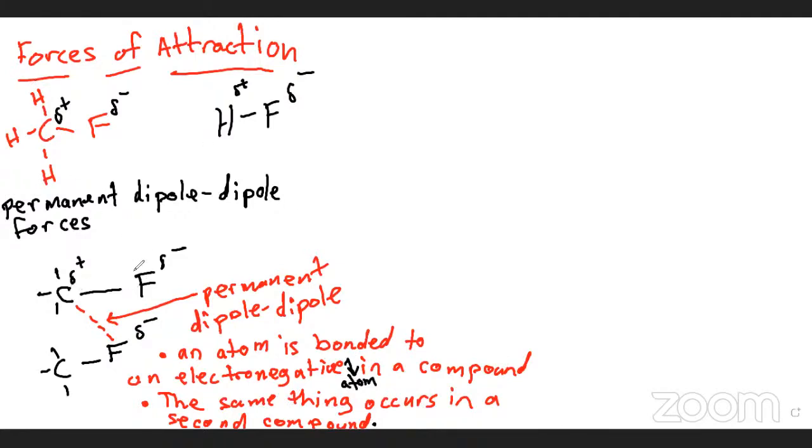Carbon is bonded to an electronegative atom, and the same thing happens. So the same thing happens in a second compound. And finally, the third point, so this is point 1, point 2, point 3.